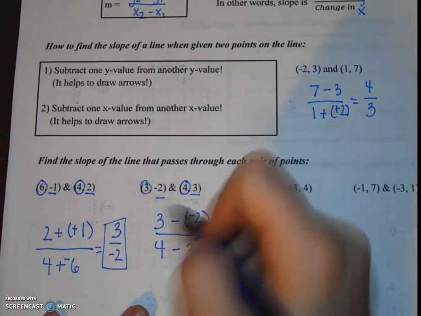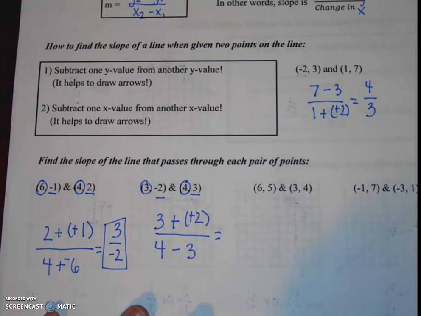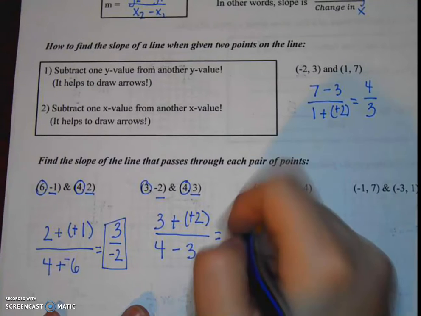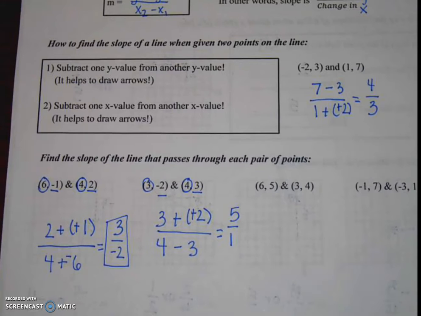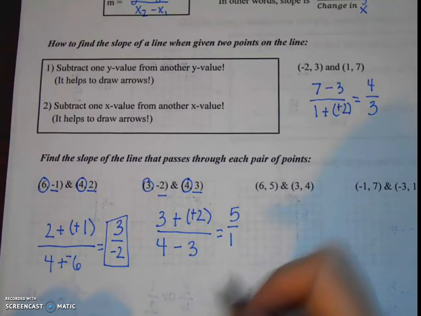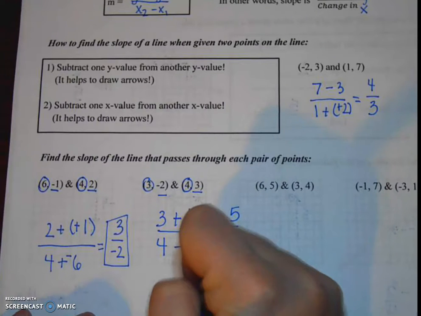So now I use keep, change, change. 3 plus 2 is 5, and 4 minus 3 is 1. Can I leave it like that? No, I need to simplify it. So, we know 5 divided by 1 is the same thing as 5. That makes my slope 5.